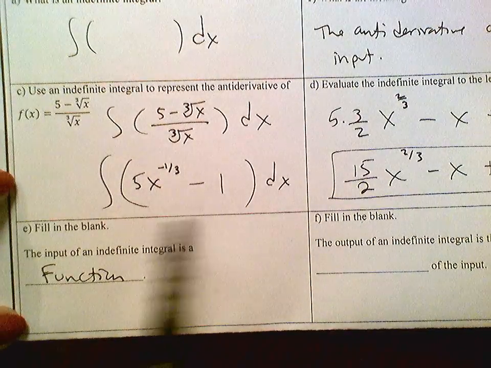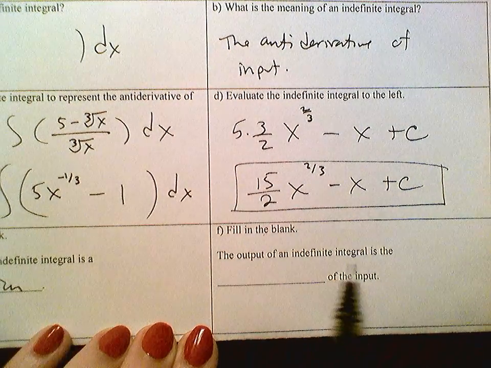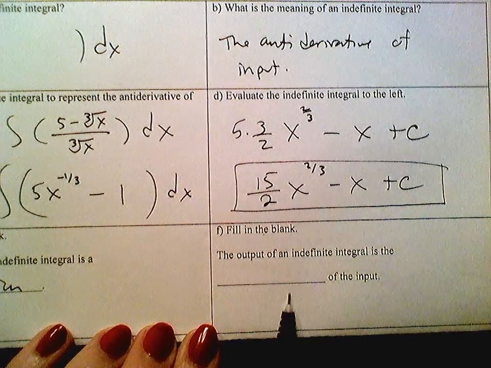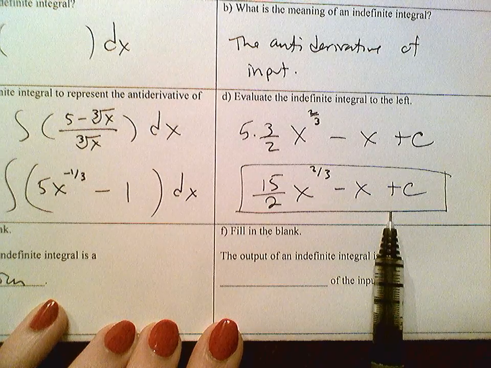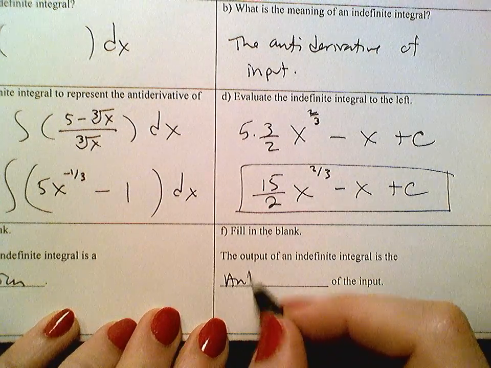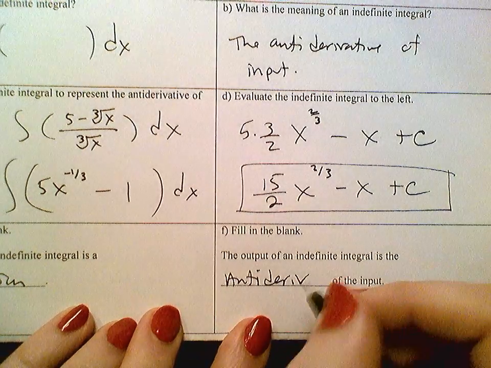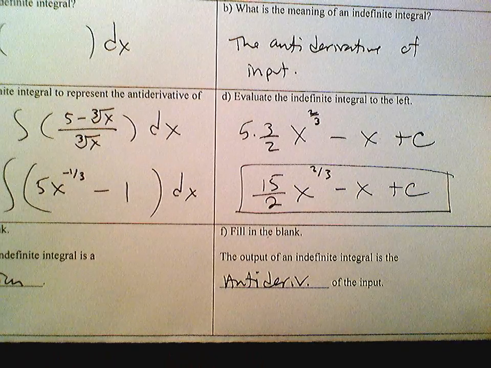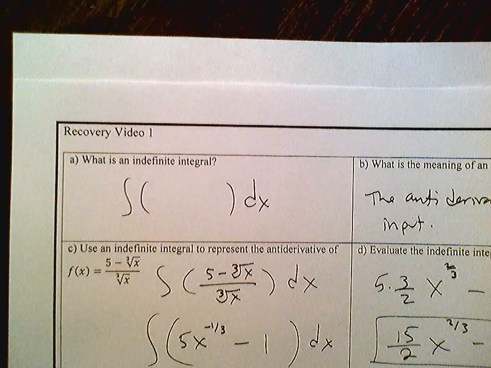So right there we input that function. And now let's think about the output. The output of an indefinite integral is the blank of the input. Well, this was the output that we ended up with. And what is it? It is the antiderivative of the input.